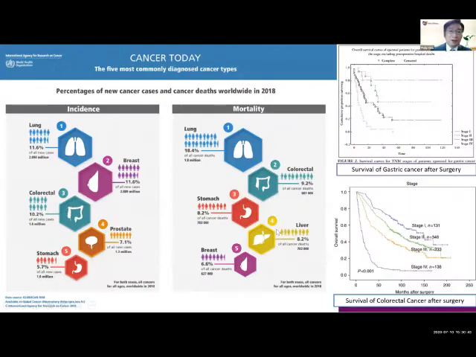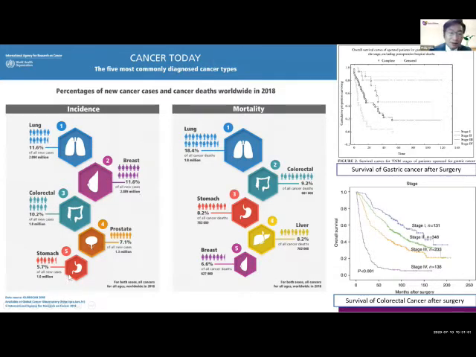From the global cancer statistics, you can see that the incidence of cancer worldwide, the commonest is lung cancer, breast cancer, and colorectal cancer.